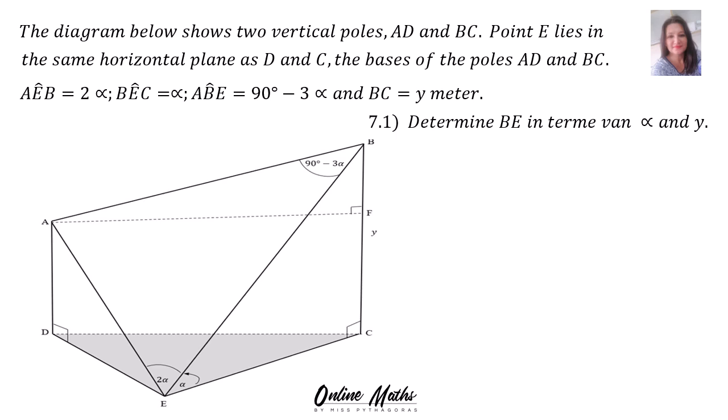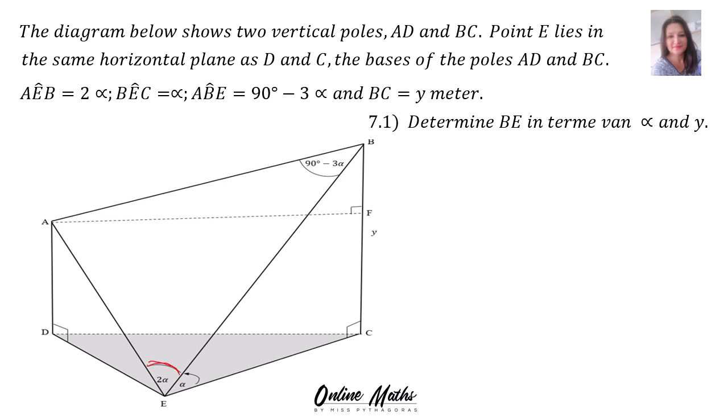The diagram below shows two vertical poles, AD and BC. Point E lies in the same horizontal plane as D and C, the bases of the poles AD and BC. Angle AEB is 2 alpha. This is this angle over there.